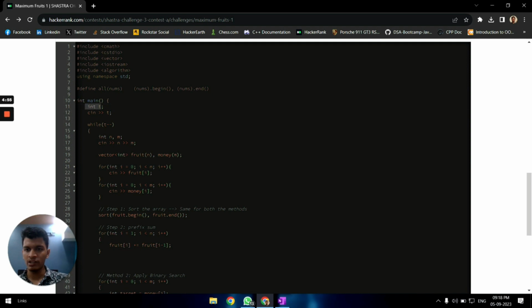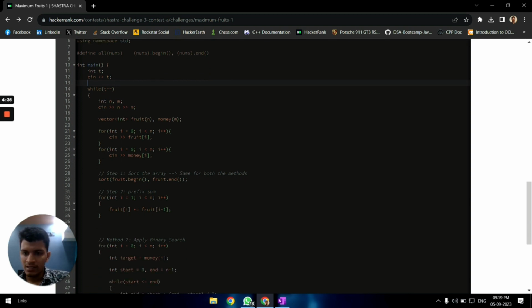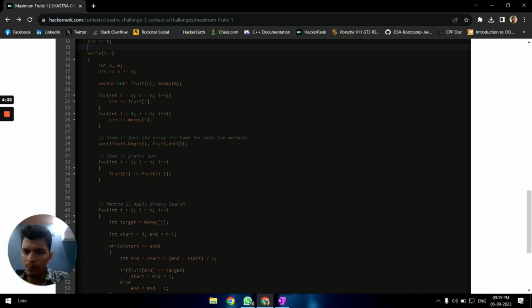First we have to initialize the test cases and take the input of the test cases. Now we are running the test cases. We are taking two sizes, and we are taking two arrays, the fruit array and the money array. We are taking the input of the two arrays, and after that, what was the approach?